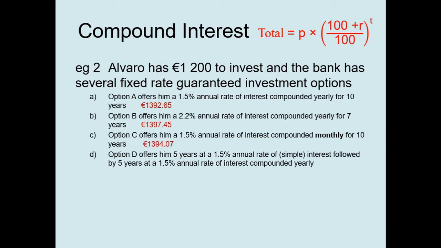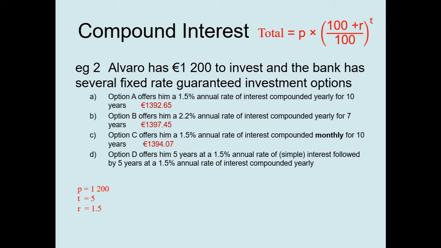Option D now. D offers him 5 years at 1.5% simple interest and 5 years at 1.5% compound interest, compounded yearly, so back to yearly. Let's first work out our simple interest in the first 5 years. So our principal is 1,200 euros, our time is 5 years, and our rate is 1.5.